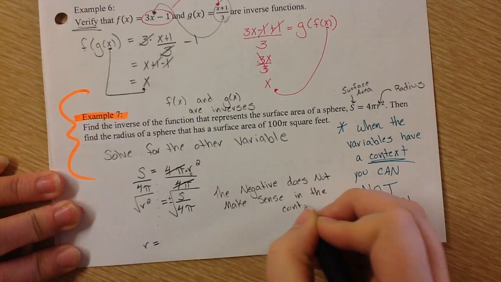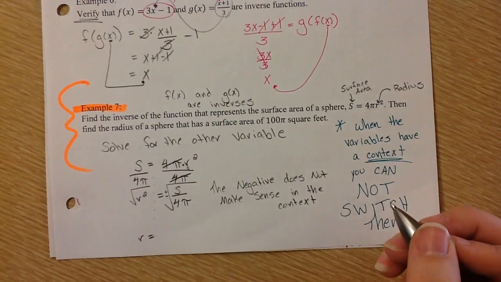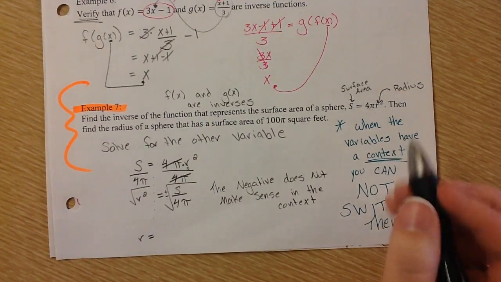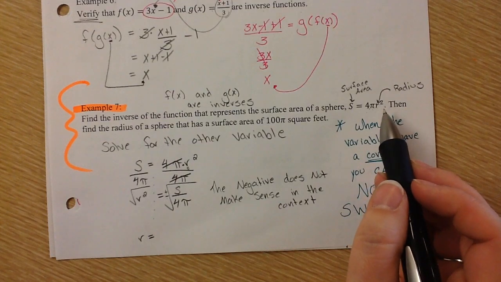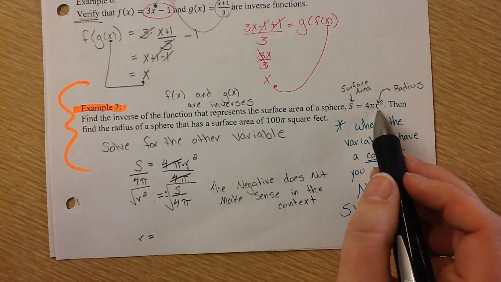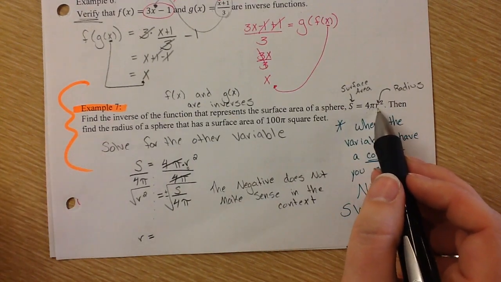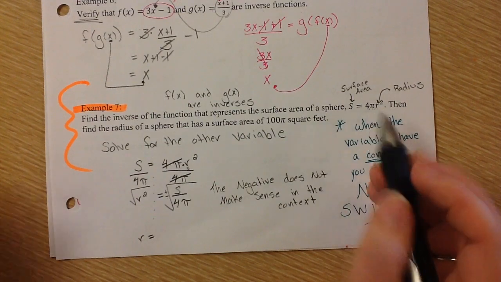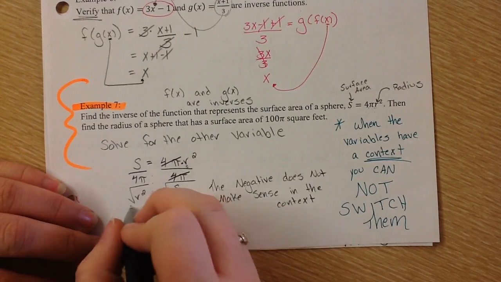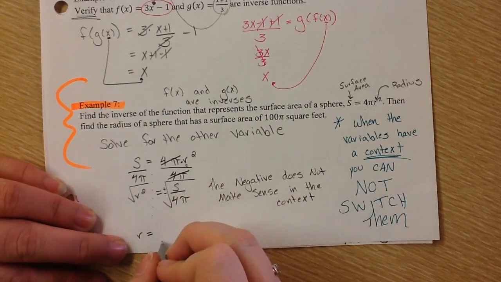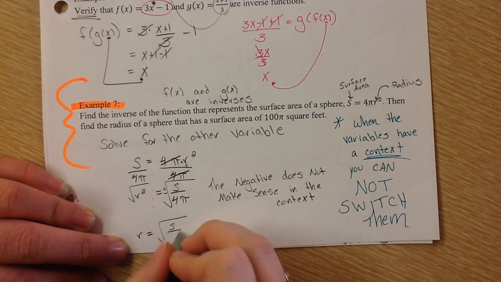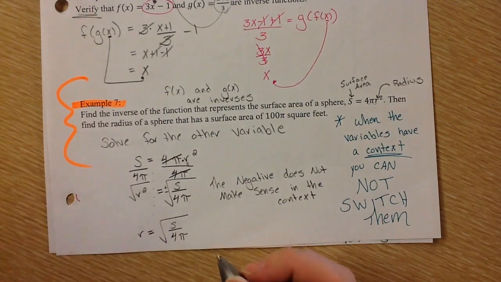Now if we were talking about velocity, we could go negative, but we cannot go negative on a radius. So the negative doesn't make sense. So my r would equal positive the square root of s divided by 4 pi.